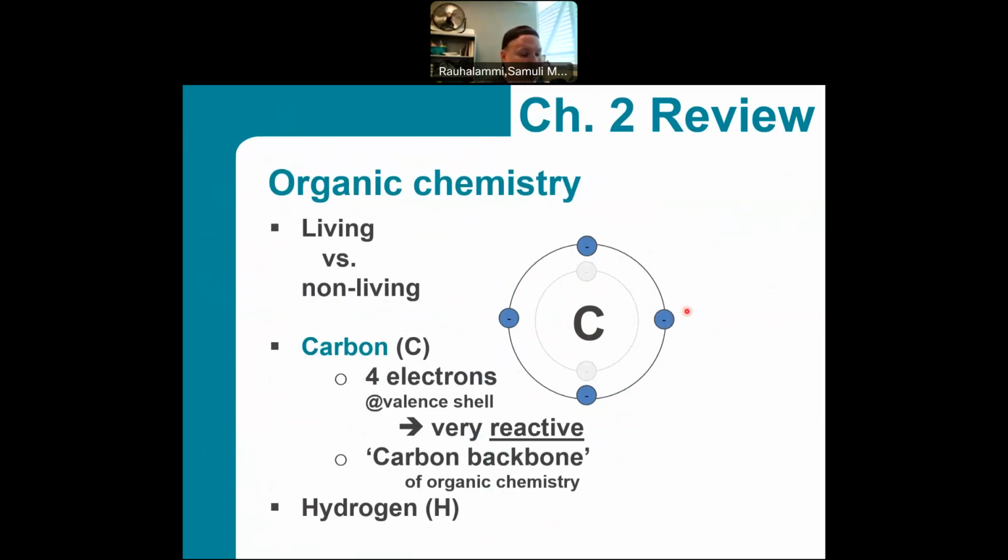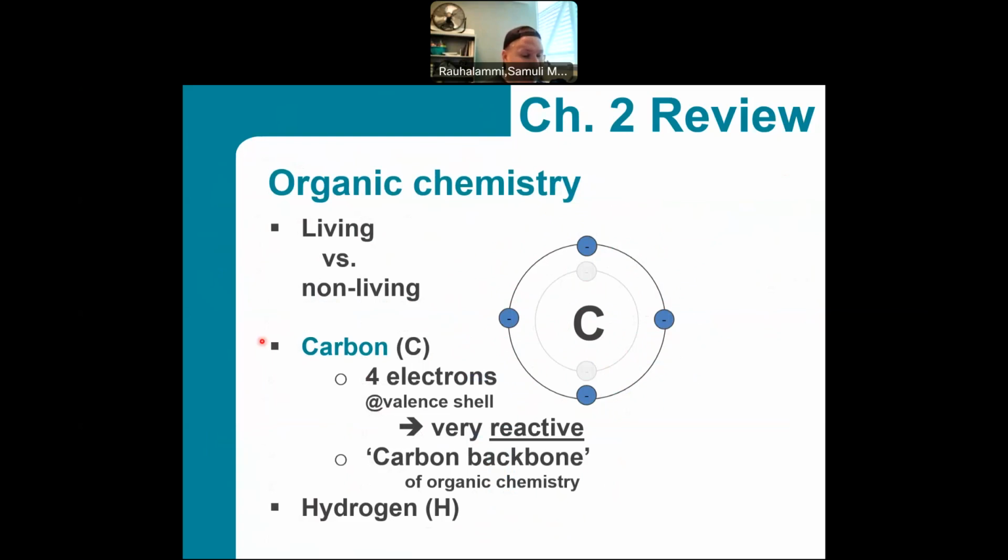If we look at a single carbon atom, we see that carbon atoms typically have 4 electrons on their valence shell, which makes them very reactive. They're really actively trying to fill that valence shell and get to the stage where they would have 8 electrons on their valence shell. So carbon as an atom, carbon as an element, is very, very reactive.